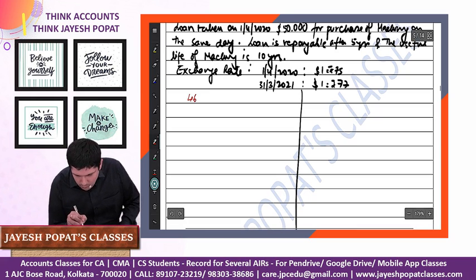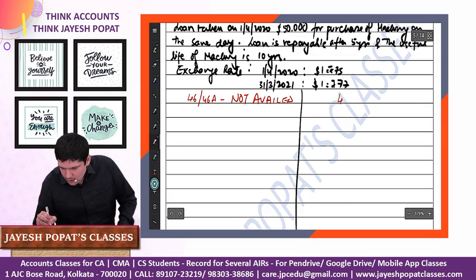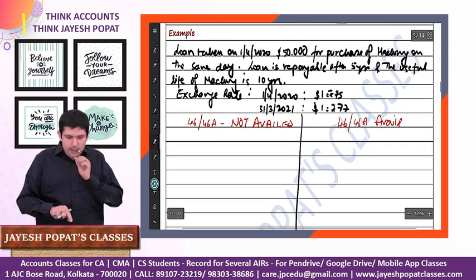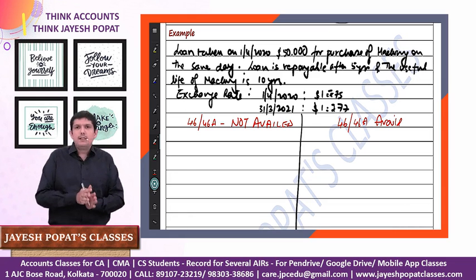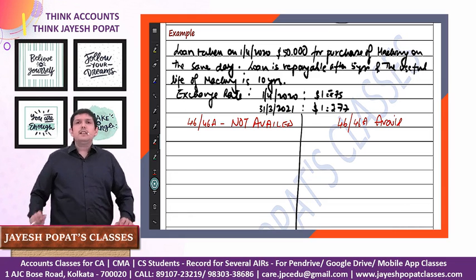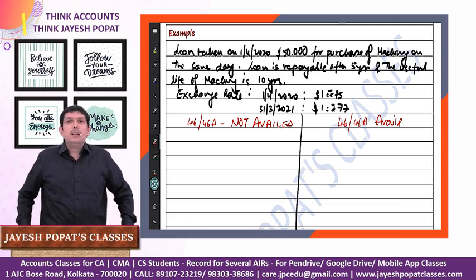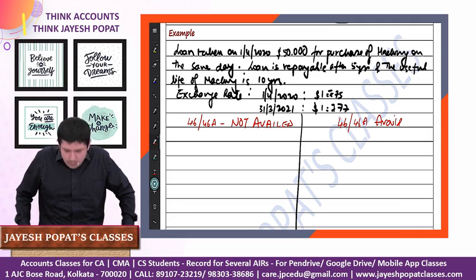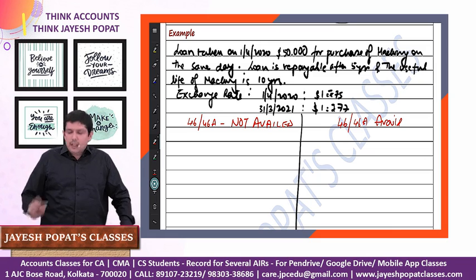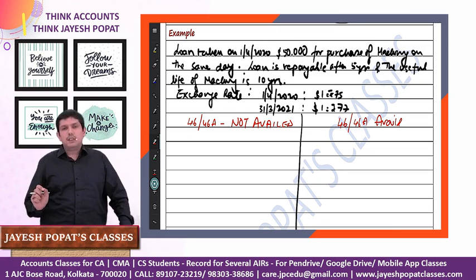We'll say 46A not availed here, 46A availed. Please remember, had this loan been for less than a period of 12 months, right? The option under 46A would not have been available, because only for a long-term foreign currency monetary item is 46A available.